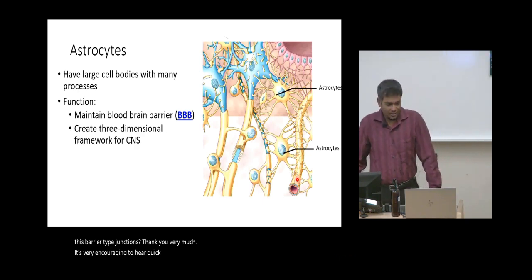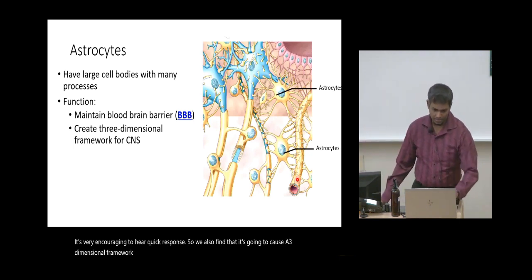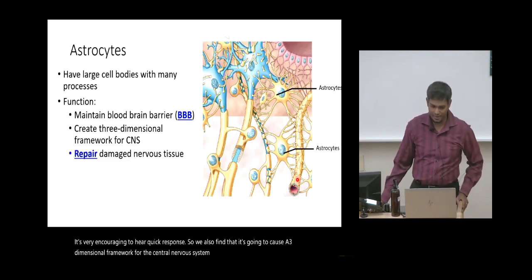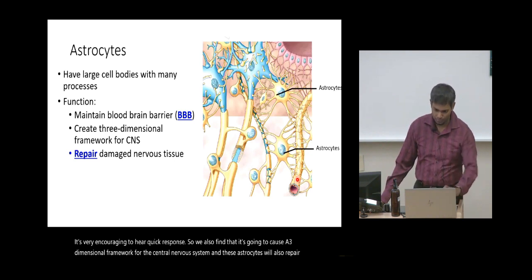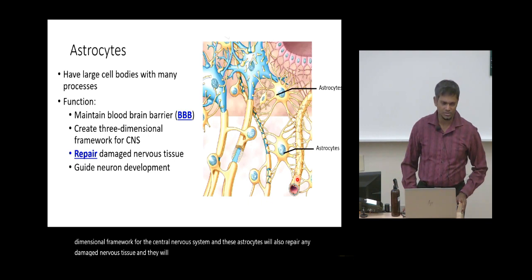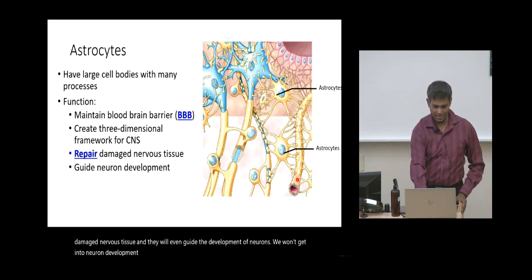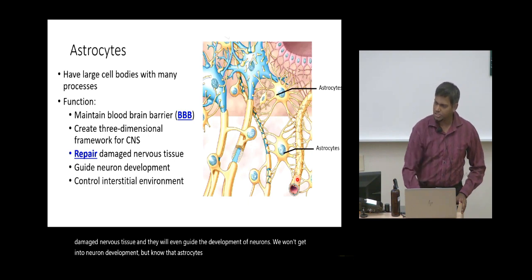So we also find that astrocytes provide a three-dimensional framework for the central nervous system. These astrocytes will also repair any damaged nervous tissue, and they will even guide the development of neurons. We won't get into neuron development, but know that astrocytes play a role in that. They also control the interstitial environment.